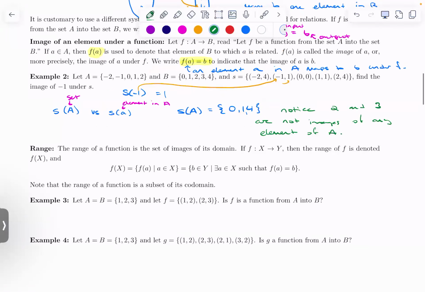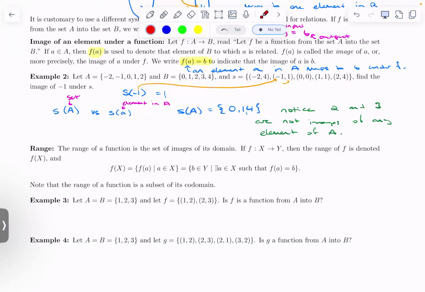We might also notice, you have to think about, is there a relationship between the input and the output? If I give it -2, I get 4. If I give it -1, I get 1. If I give it 0, I get 0. If I give it 1, I get 1. If I give it 2, I get 4. Could probably summarize this as a squared, right?